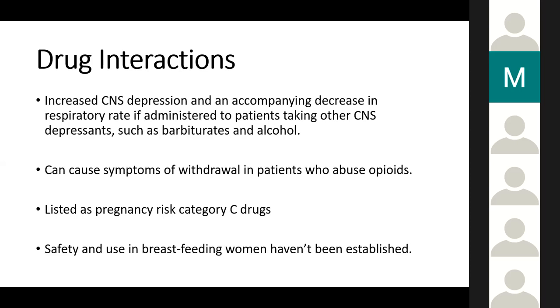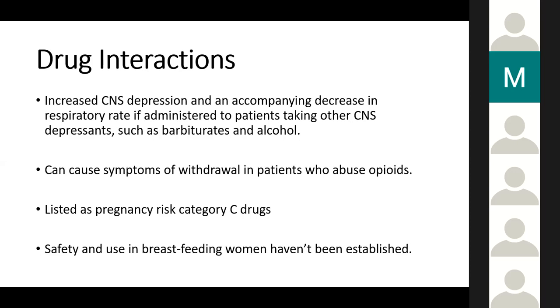Then there can also be symptoms of withdrawal in patients who abuse opioids, because if the patient is abusing opioids and you are giving the antagonist, it's going to reverse the action of the opioids. And if the patient is dependent on the opioids, reversal of the action would lead to withdrawal symptoms.